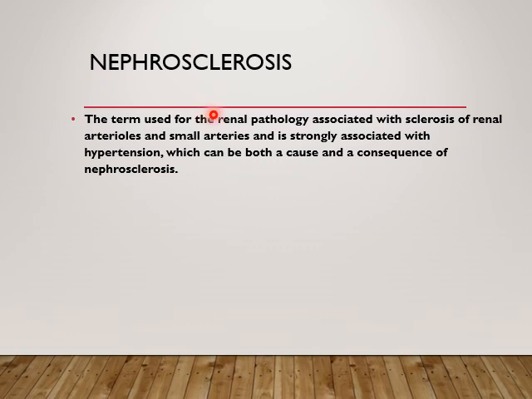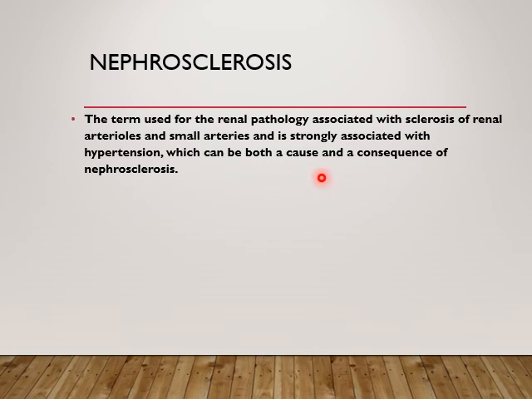Moving on to benign nephrosclerosis. We should know what nephrosclerosis is. Nephrosclerosis is a term used for the renal pathology resulting from hypertension. A decreased blood supply leads to ischemia, which causes endothelial injury, followed by necrosis with activation of inflammatory infiltrates.